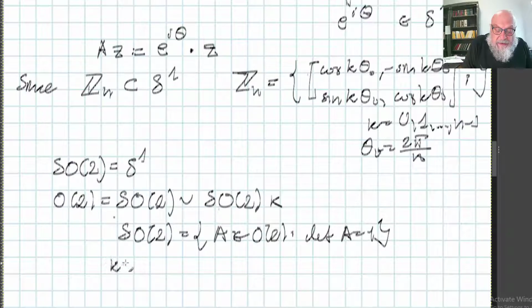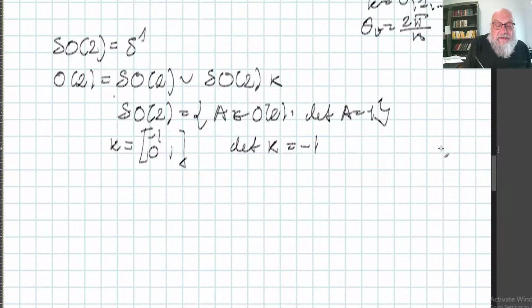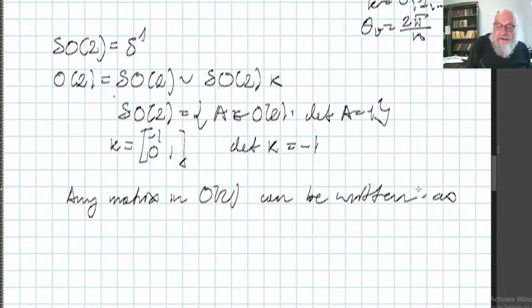Kappa can be written as a matrix which gives determinant minus 1, so notice that the determinant of kappa is equal to minus 1. Therefore, any matrix in O2 can be written as a rotation times kappa.